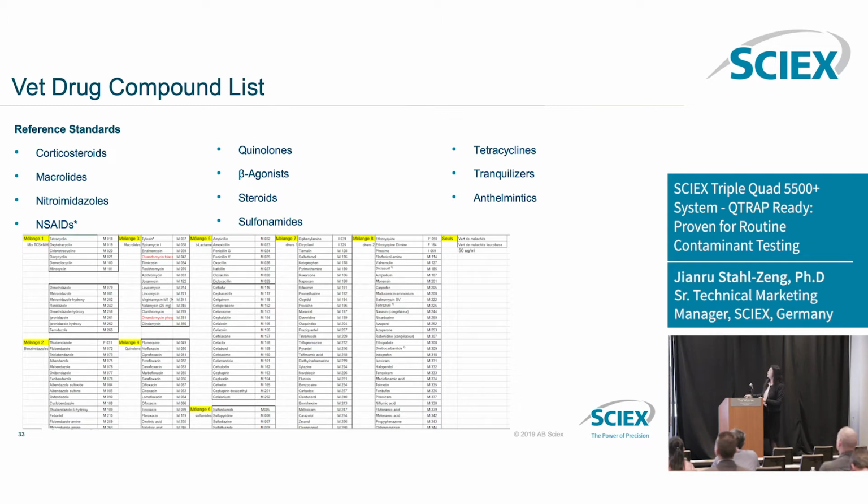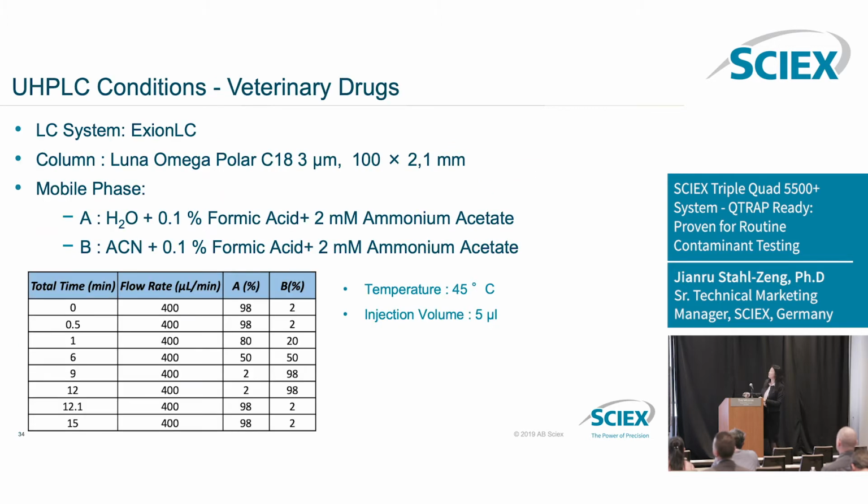So again, we got samples from customers, different classes. For each class, we have some antibiotics there. And in this case, we use another column and another buffer. So it's formic acid. For mycotoxins, normally you should use acetic acid, and a 5 microliter injection.